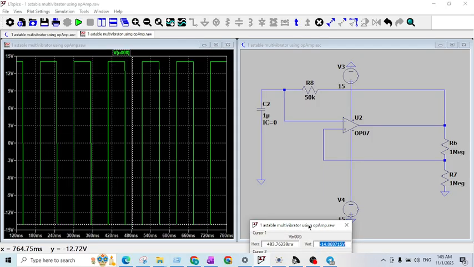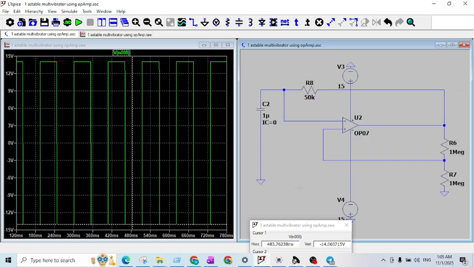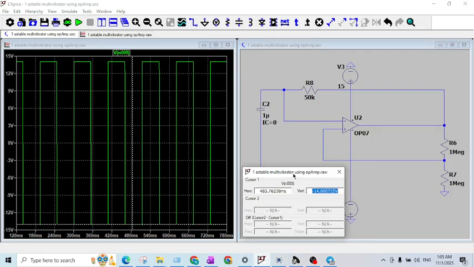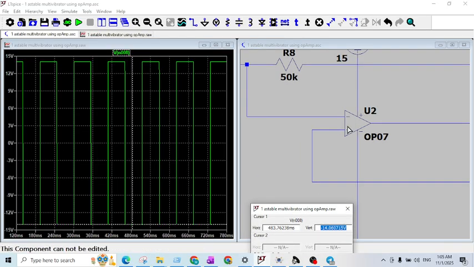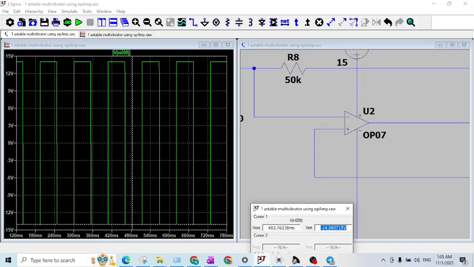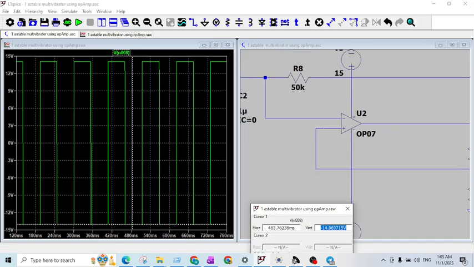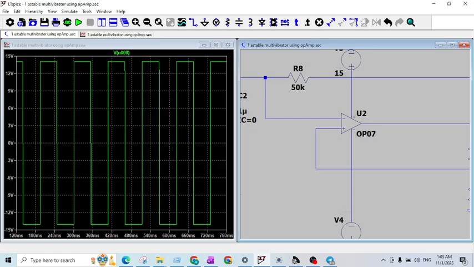Oh, sorry, that's not the reason. Sorry, actually I don't know what the reason is, but that's not it. If you know the reason, please tell me in the comments. Maybe it is because the opAmp is not ideal. Maybe that will be one of the reasons, but if you know the reason, please tell me in the comment section.